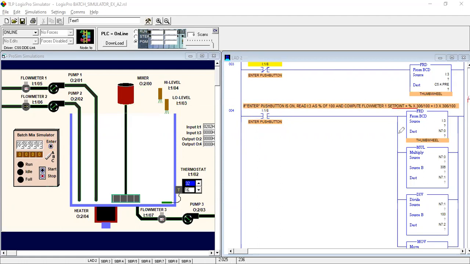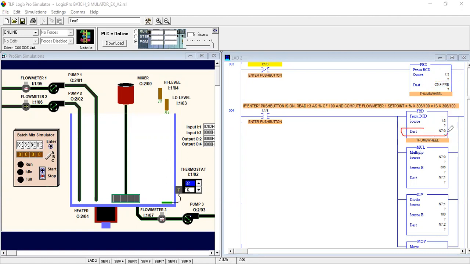This is our FRD instruction. This is the same FRD instruction, but here we put our source addressing the same, and in this FRD instruction we have to fill our counter preset value addressing.